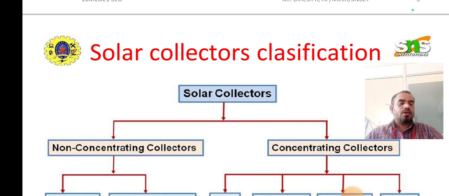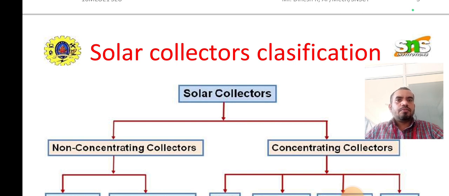That's what we call a non-concentrating collector. But with a concentrating collector, when the sun moves from one horizon to another, the overall movement of the sun is traced by drives in the collector. So comparatively, the non-concentrating collector has much lower efficiency compared with concentrating collectors.